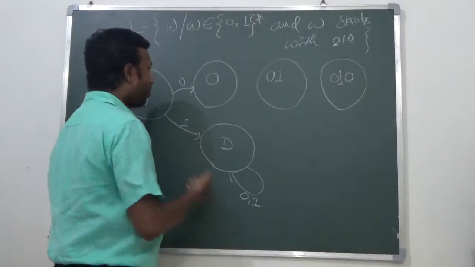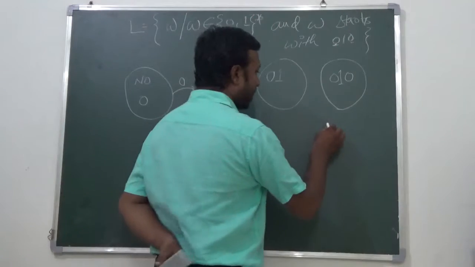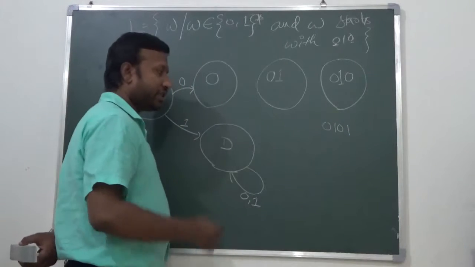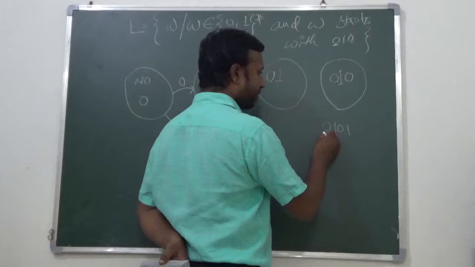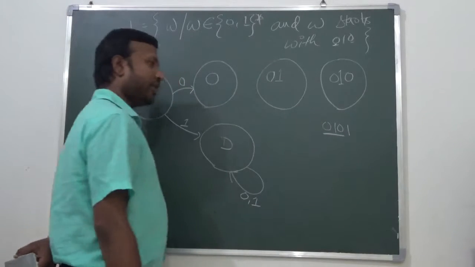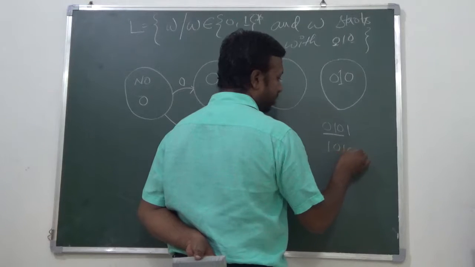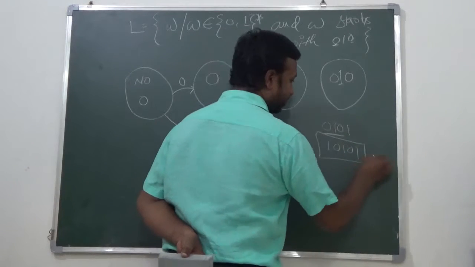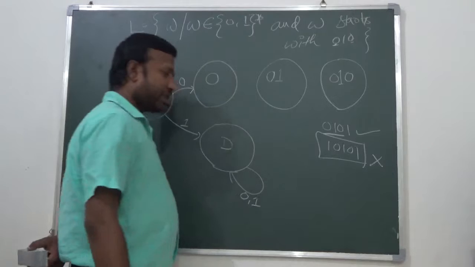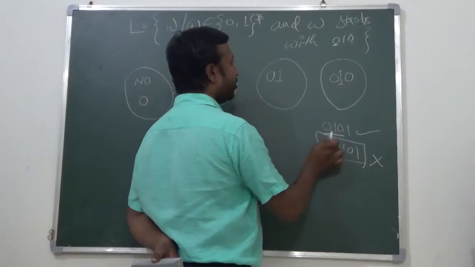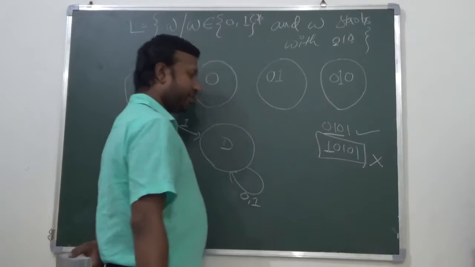So what is the meaning of this? You can have something like 0, 1, 0, 1. This is permittable, this can be accepted because the first three symbols are 0, 1 and 0. But 1, 0, 1, 0, 1 is not permittable because the first symbol here is 1 and the first symbol should be 0, right?